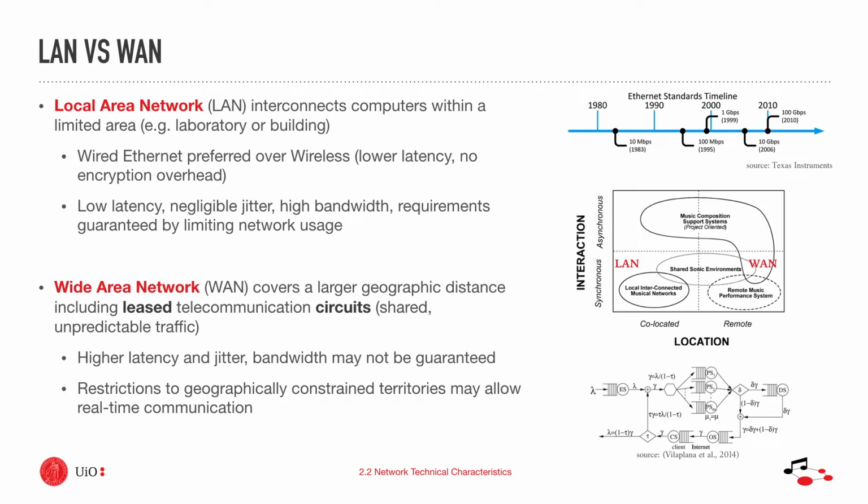On the other side, we have the wide area network, which is another way to call the internet, where geographical distances are much larger, and at some point we will go through a circuit which has been leased from some telecommunication company that we are sharing with other people, and therefore jitter and latency can be much greater than what we experience on a LAN.